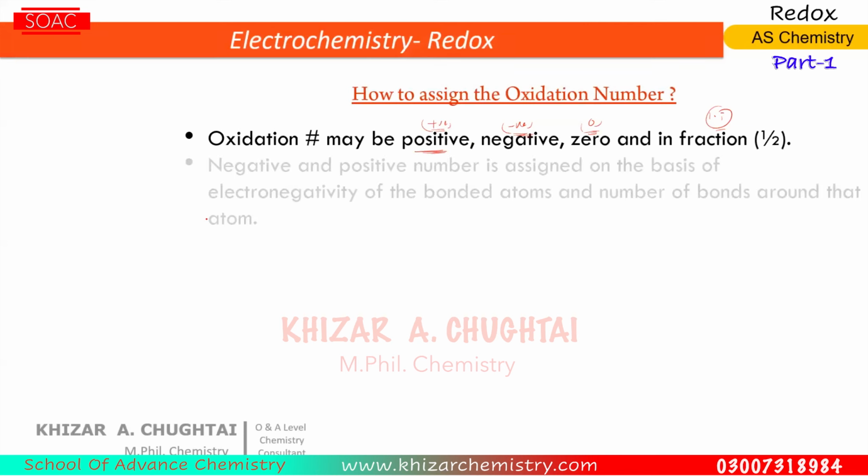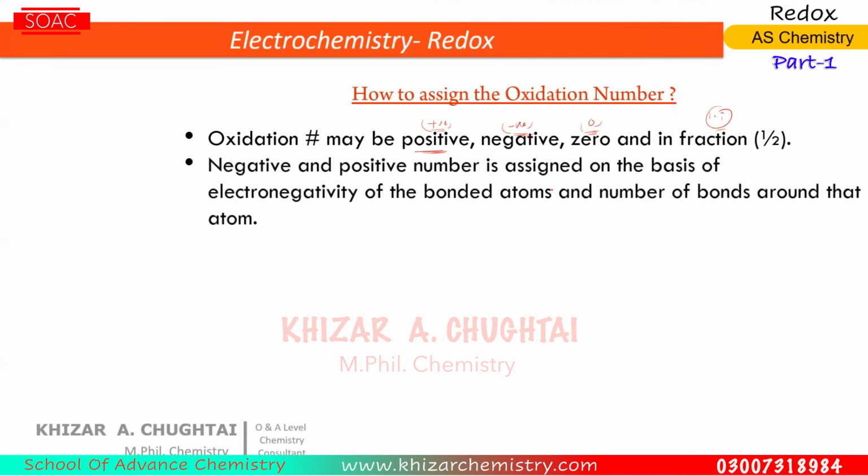Number two, negative and positive numbers are assigned on the basis of electronegativity difference of the bonded atoms. As in my previous example, HCl, this Cl is more electronegative, having almost 3.0 electronegativity, so it has -1, and hydrogen has almost 2.1 electronegativity, so its number is +1.